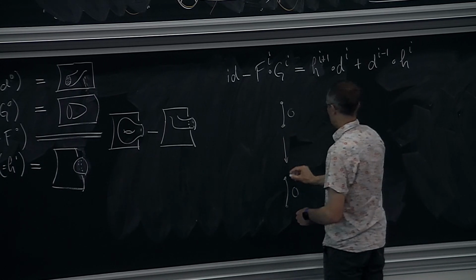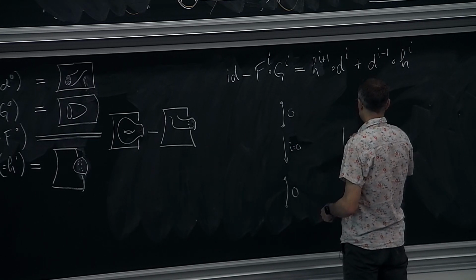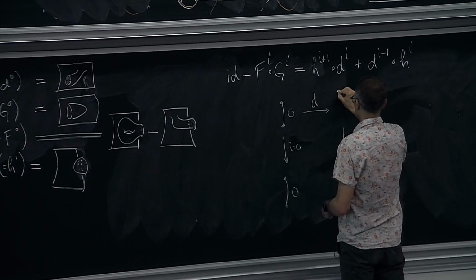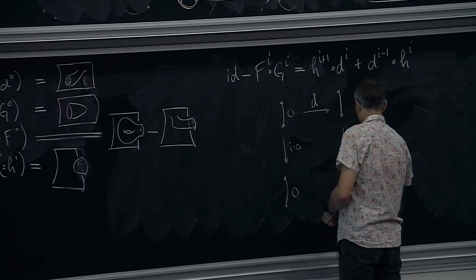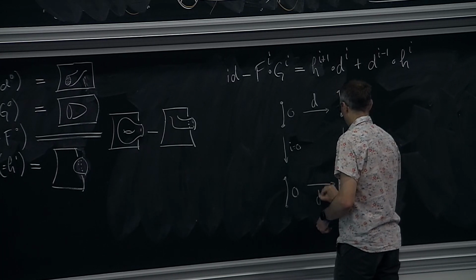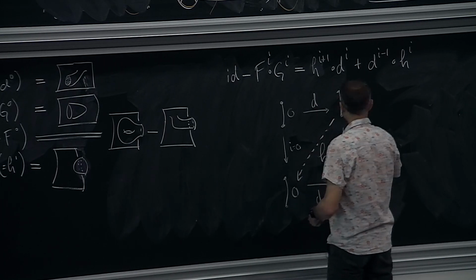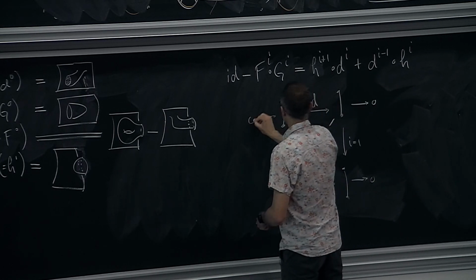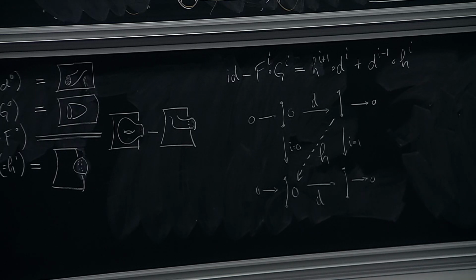And this is the i equals 0 spot, and then there's also an i equals 1 spot. And this is D. And now H is running back this way. So this should look like a chain homotopy equivalence now.